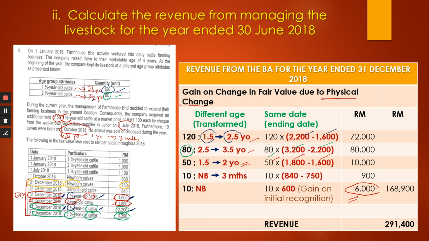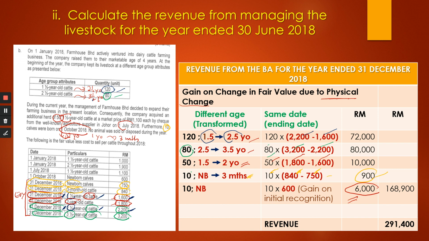And compare with the age group of 3 months as at 31st of December as well. 840. So 840 less 750. What is the difference in those prices because of the age changes? So times 10. 10 is this. So therefore, you are done with this. So you get 900, which is the calculation here.